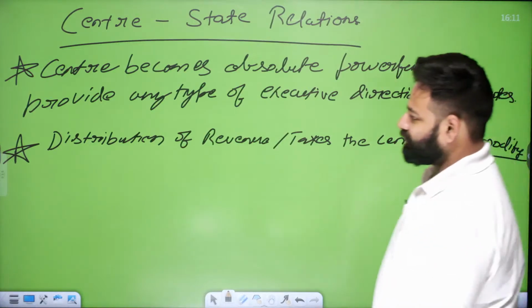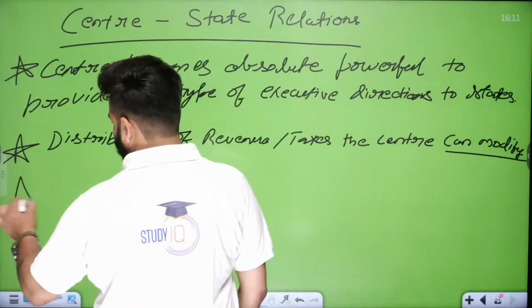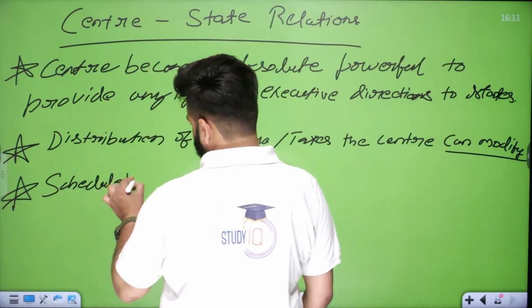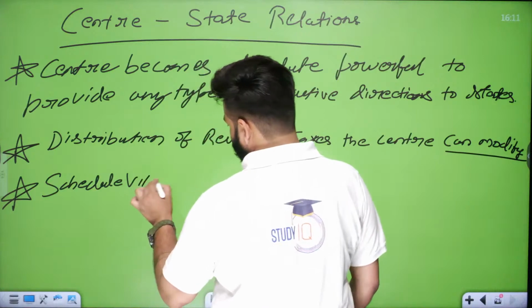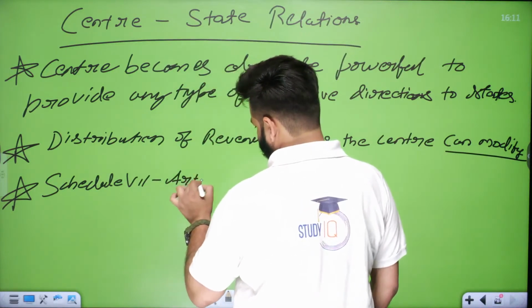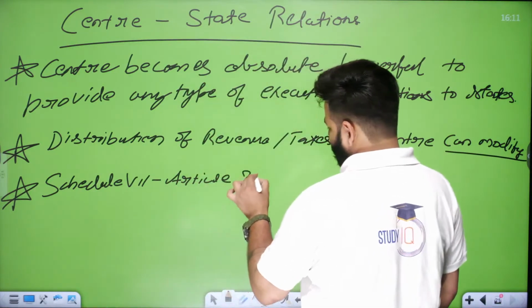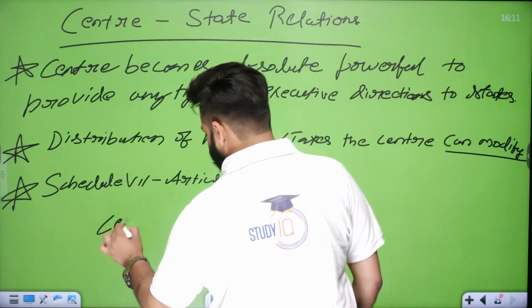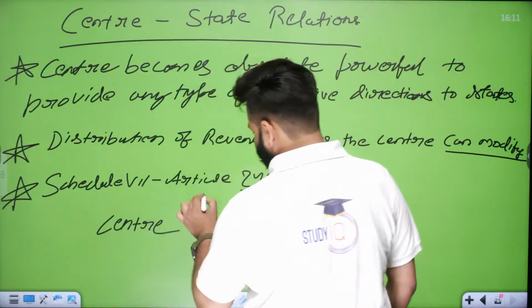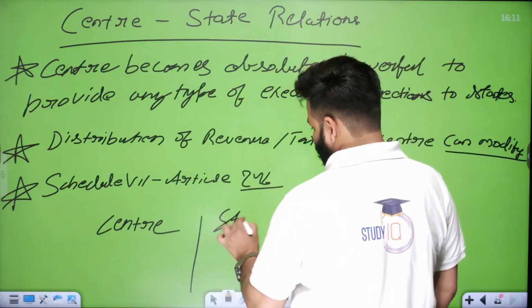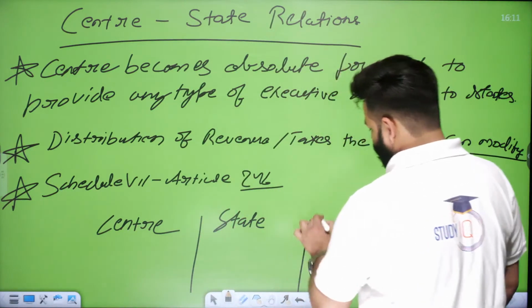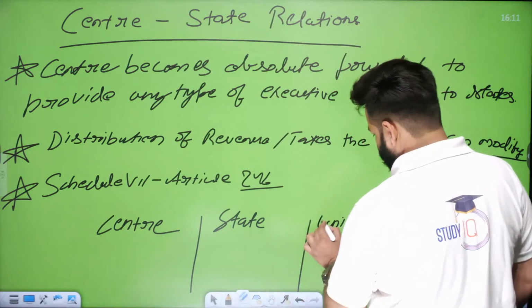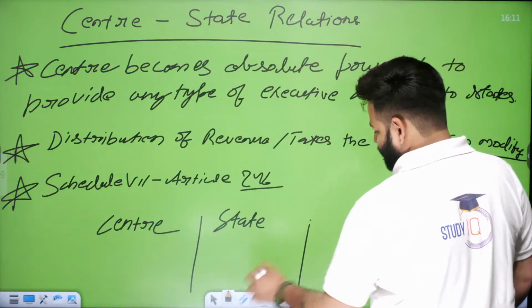Then when it comes to Schedule 7, that is, we talk about Article 246. The three lists: the central list, the state list, and the concurrent list.